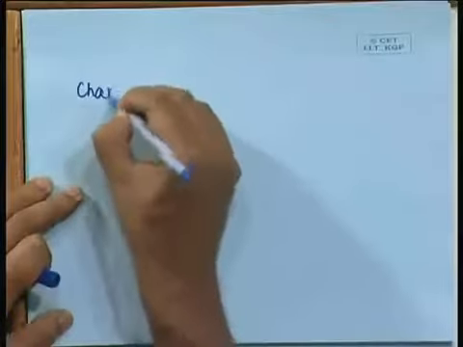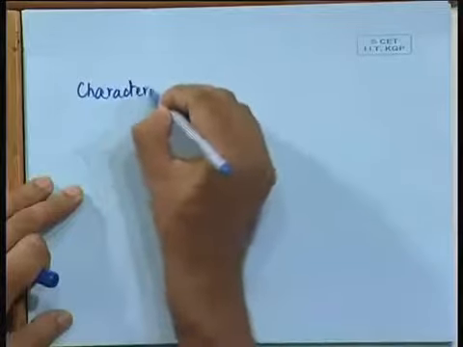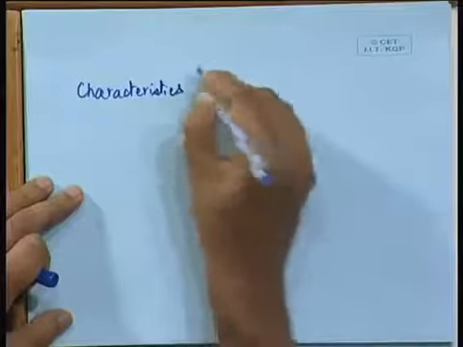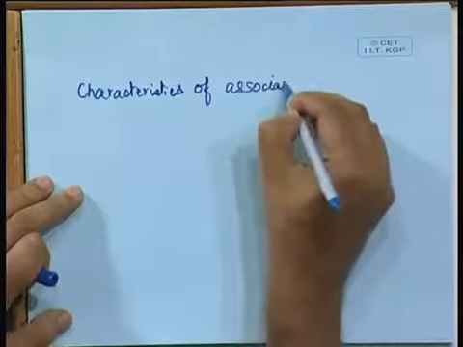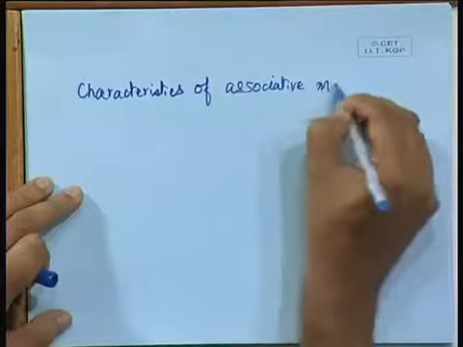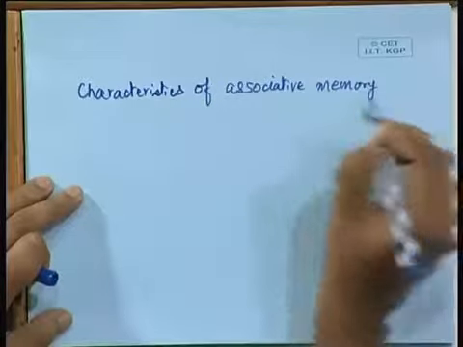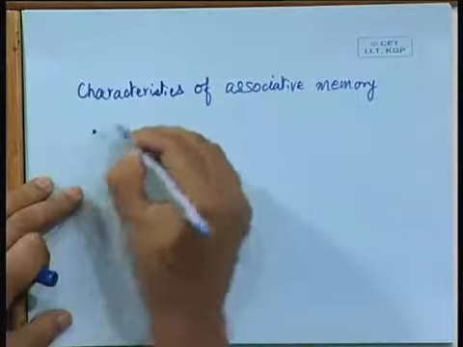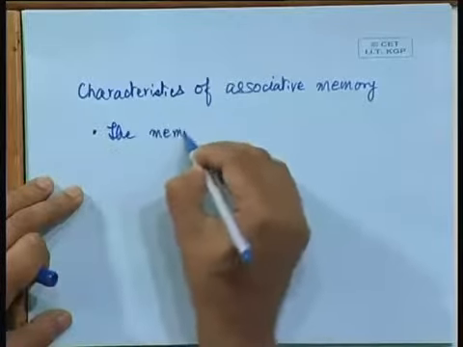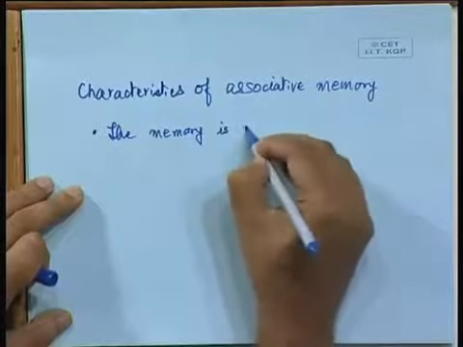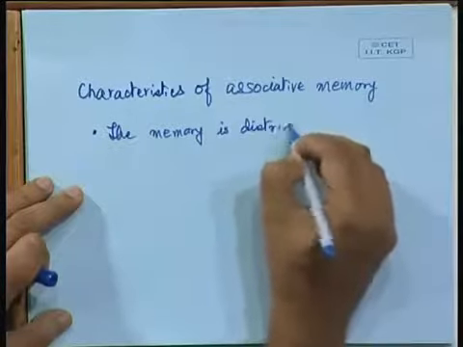All that we can cover at this stage is some characteristics of the associative memory. So we list out some characteristics. The first characteristic is that the memory is distributed. And what is meant by distributed?